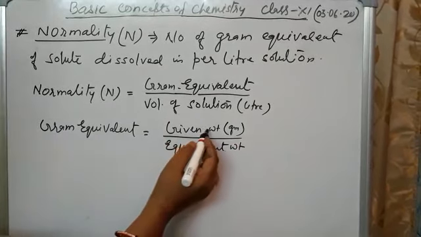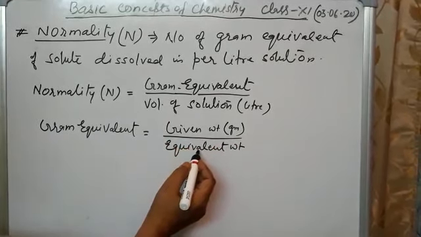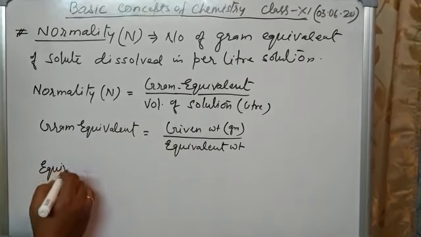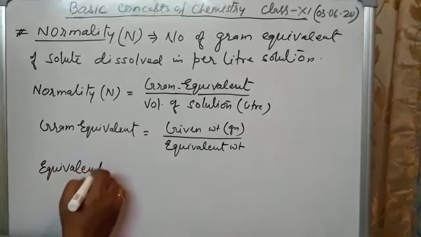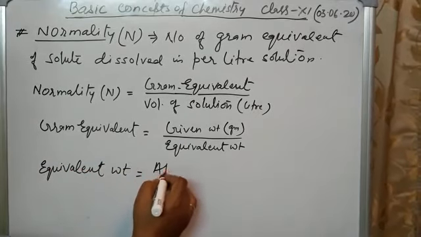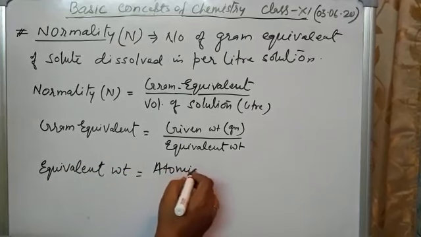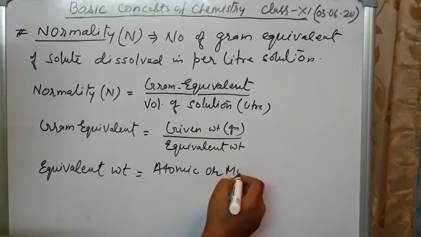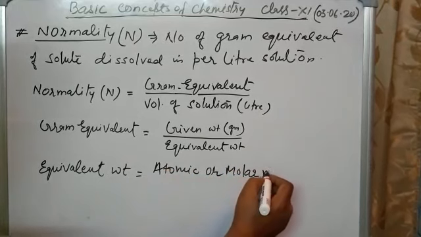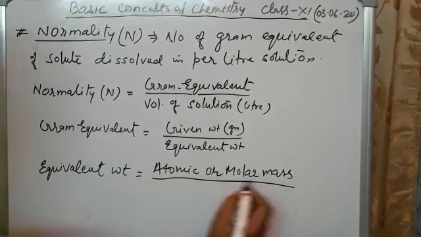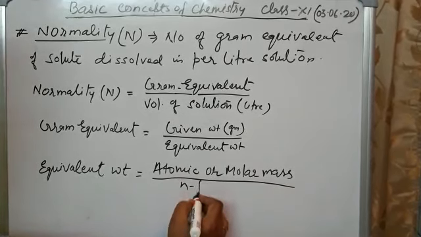Gram equivalent equals given weight by equivalent weight, or equivalent weight equals atomic or molar mass by n factor.